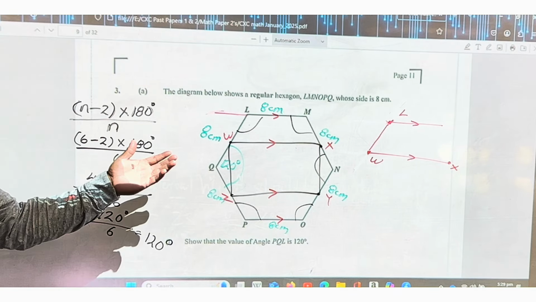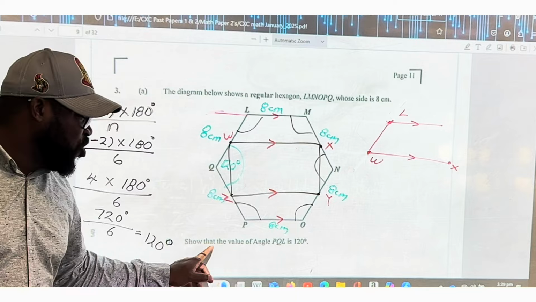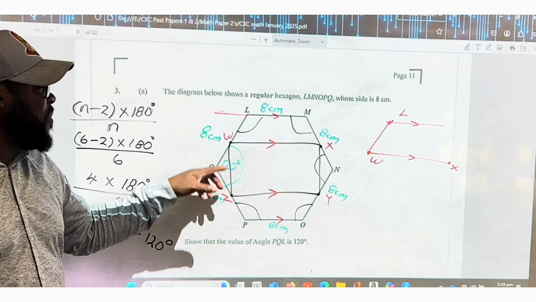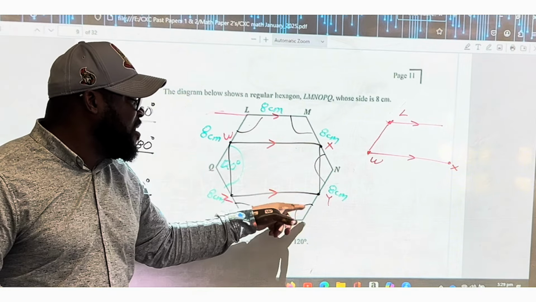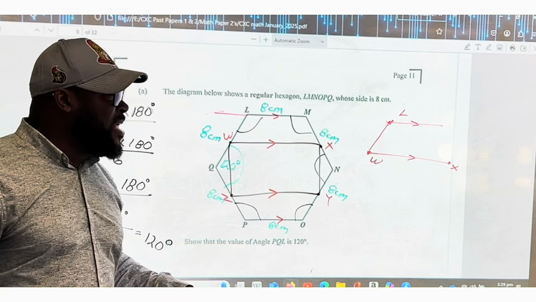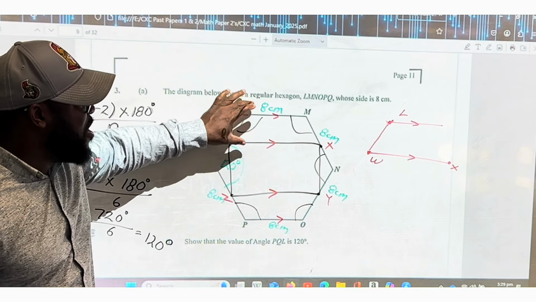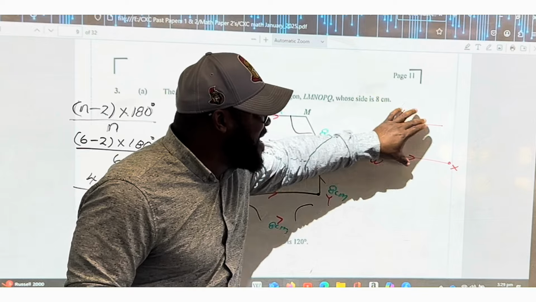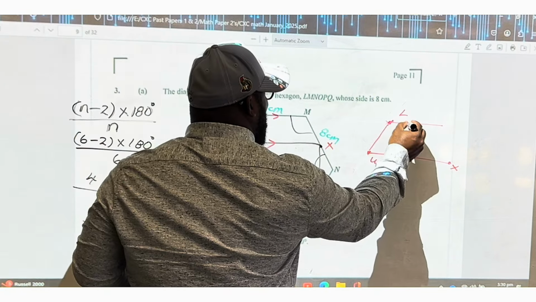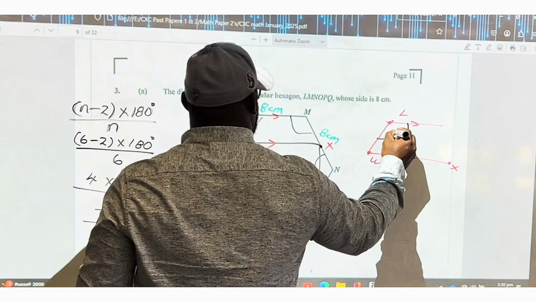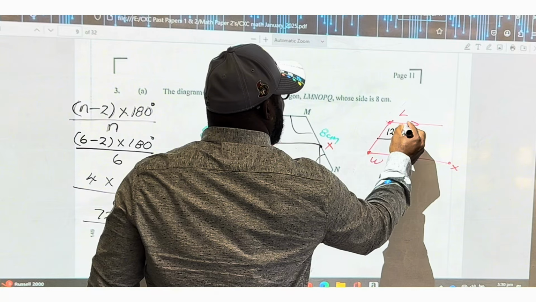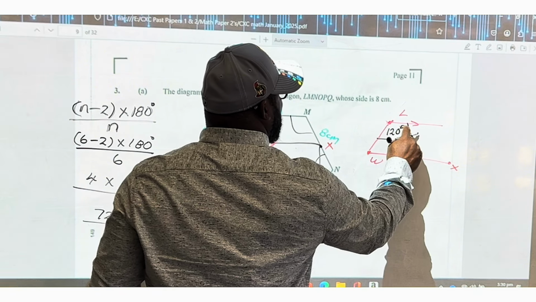We just proved that. The question told you to show that angle PQL is 120. That's why I put on all of these others, because all of these are going to be 120. So look at this diagram up here, and you can clearly see that here will be 120 degrees, definitely.